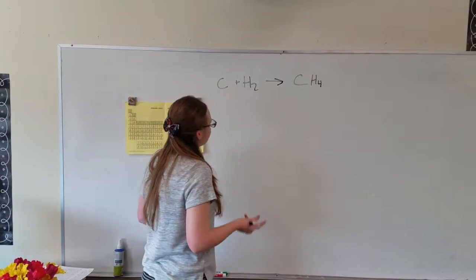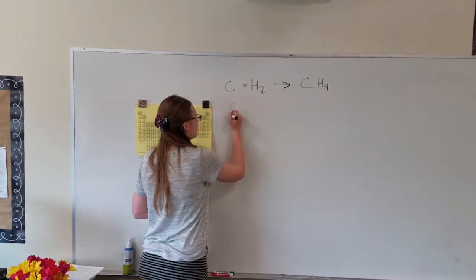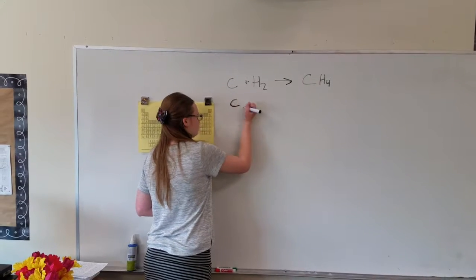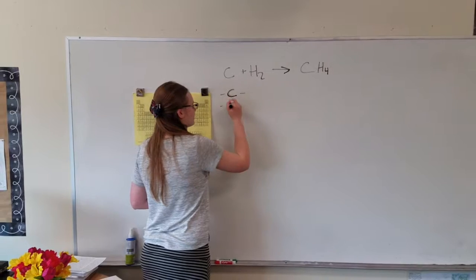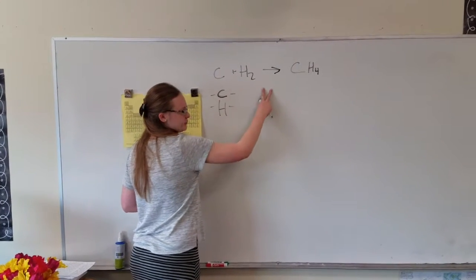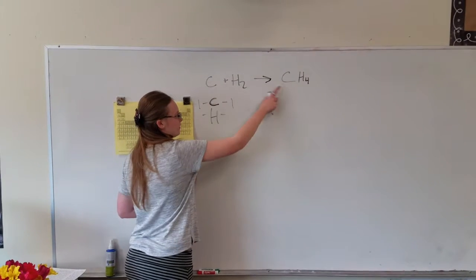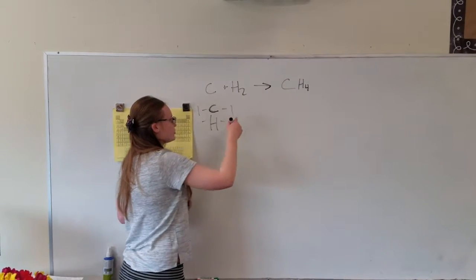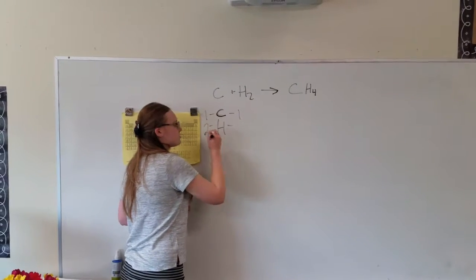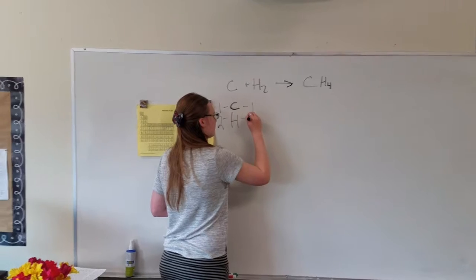So now we have to balance it, which means we have to take each element and make it so that both sides are equal to each other. So carbon has one atom on each side. And then hydrogen has 2 on this side, but 4 over here.